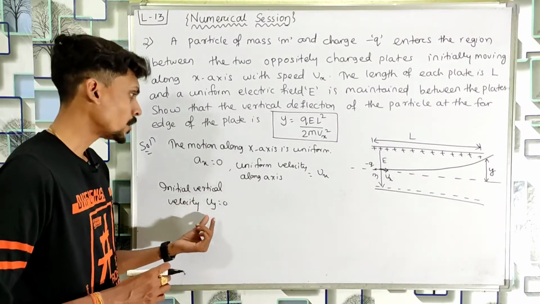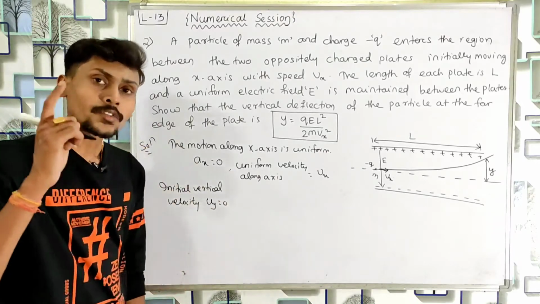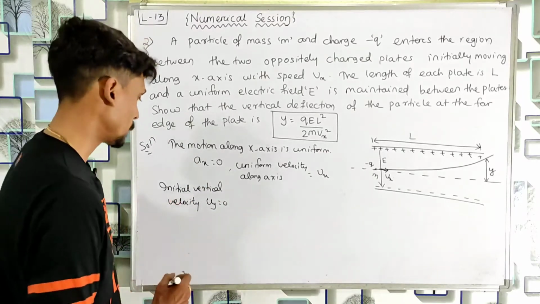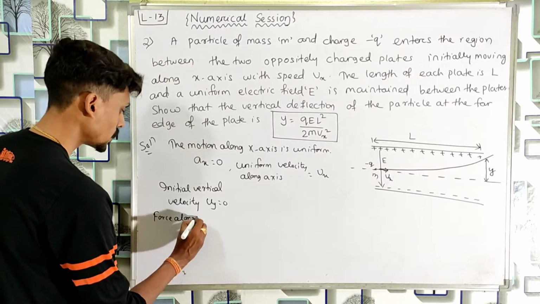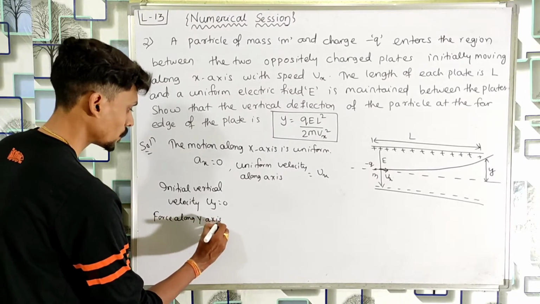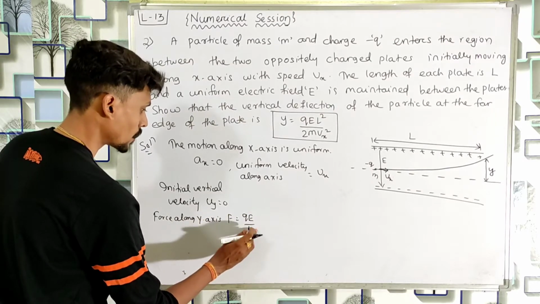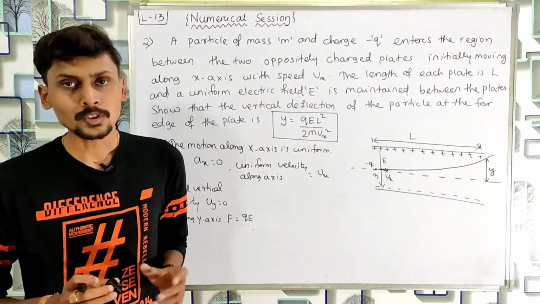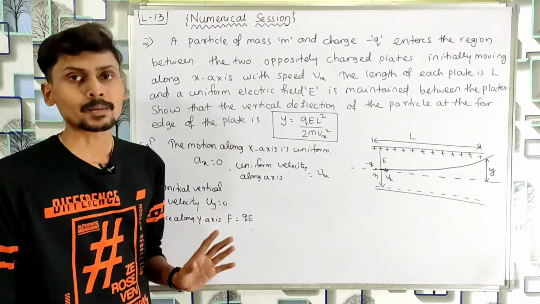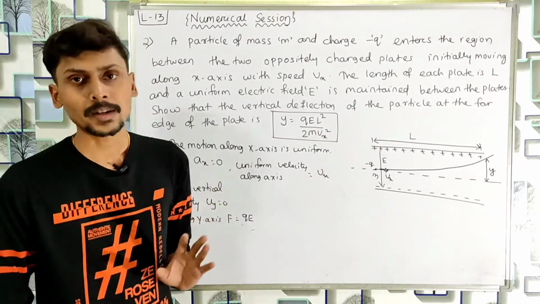But there is a force along y-axis. The force along y-axis is F equal to QE. I am writing the magnitude of force, that's why I have ignored the negative sign. This is the magnitude of force acting on the charged particle.